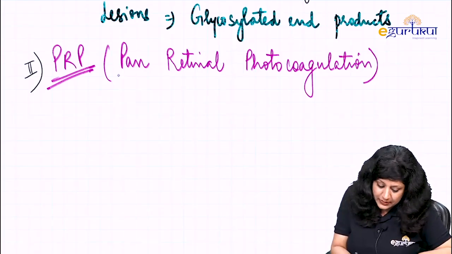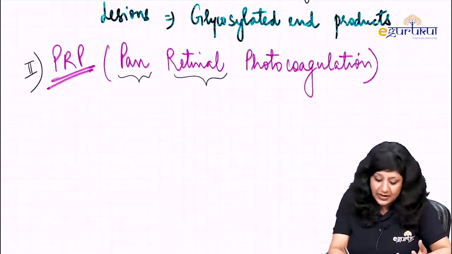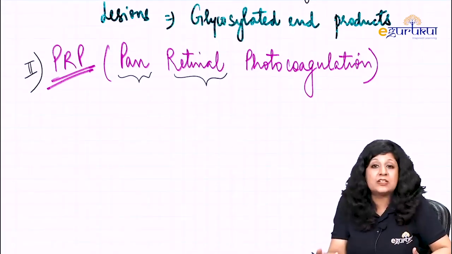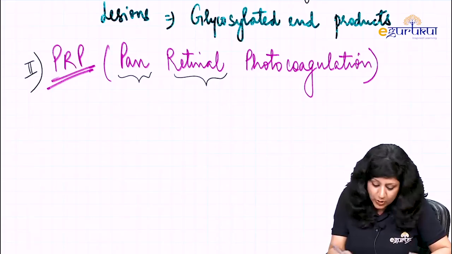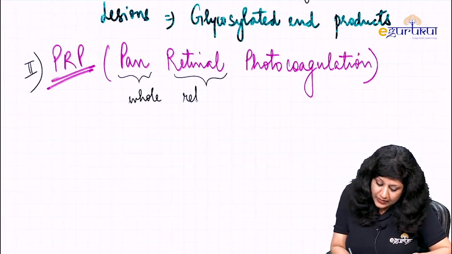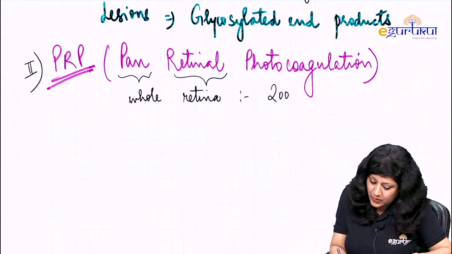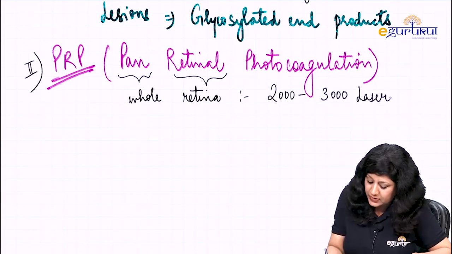What is this? We are giving laser spots in the whole of the retina, and the whole retina requires about 2000 to 3000 laser spots to be covered.